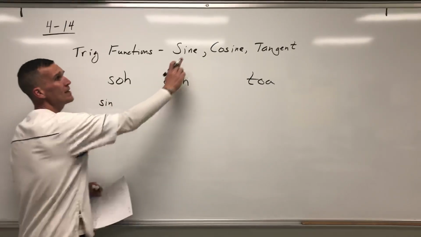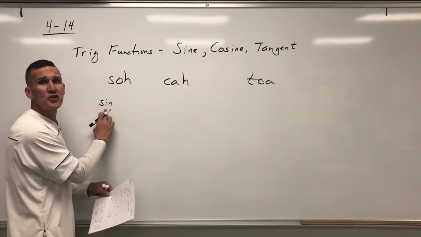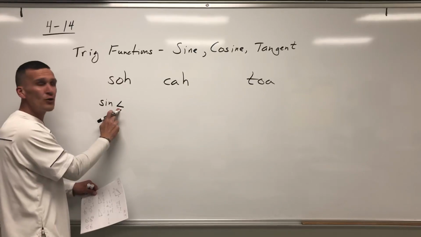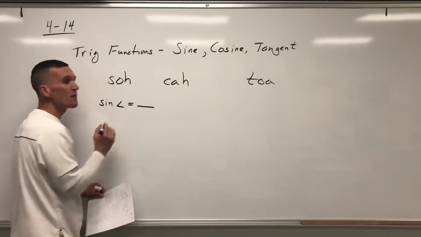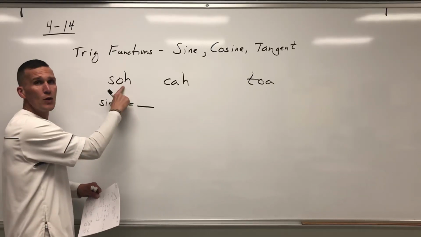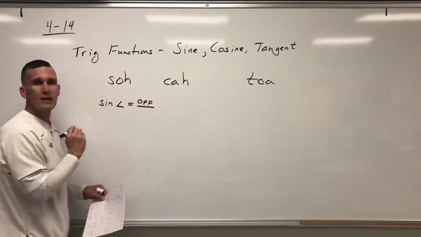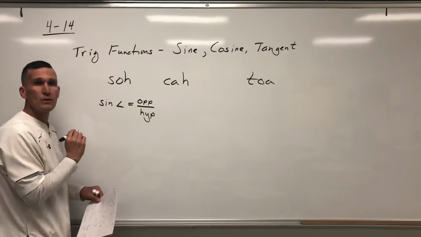We abbreviate sine as S-I-N, but what has to follow a trig function is an angle. So after sine, you put an angle behind it, and that equals a ratio or a fraction of these two words. The O represents the opposite side of the right triangle, and H represents the hypotenuse.